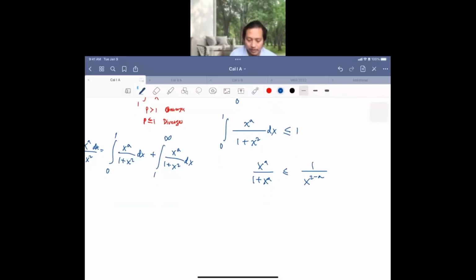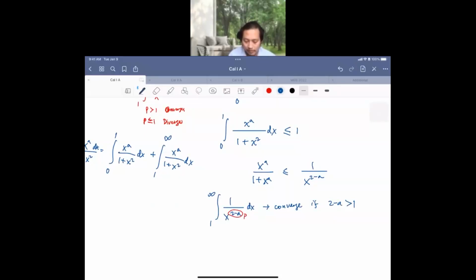And using the p series from 1 to infinity, that is 1 over x to the 2 minus a dx, it's going to converge if 2 minus a is greater than 1. It's like a p series, so imagine this is p.